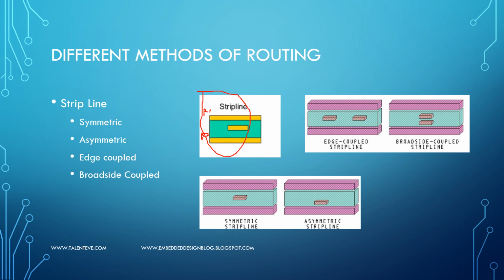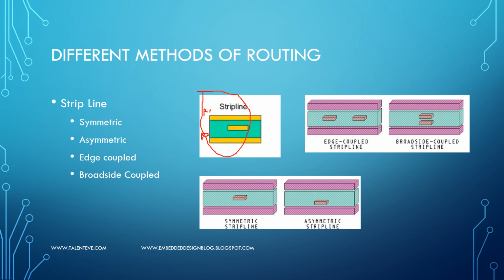Now when you talk about only a single signal, you call it a strip line, but definitely you will have multiple kinds of topologies for routing, whether it be single-ended or differential, or if you have some kind of RF based coupling routing topologies you want to use. In that case, you will have edge coupled or broadside coupled.